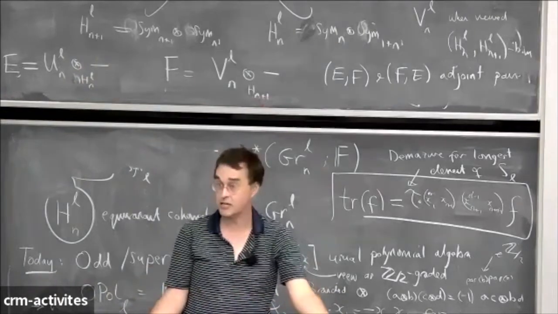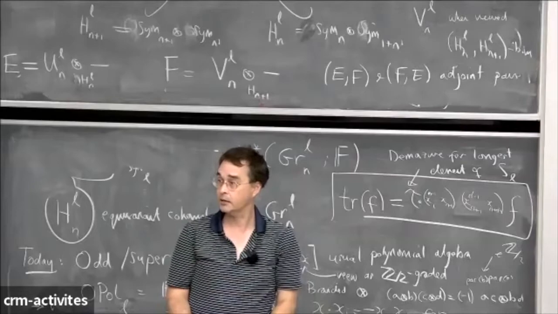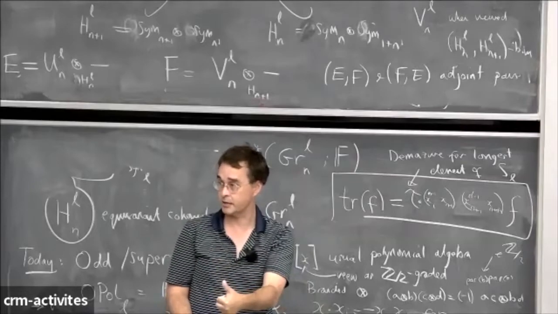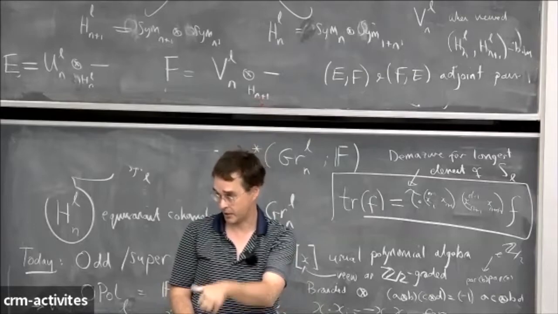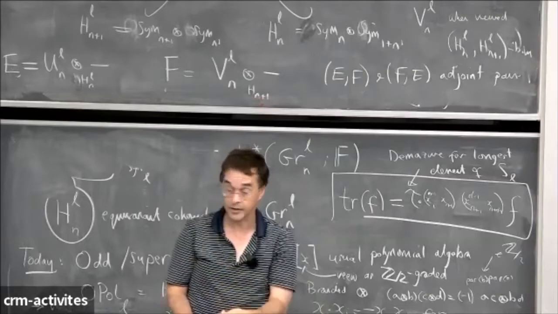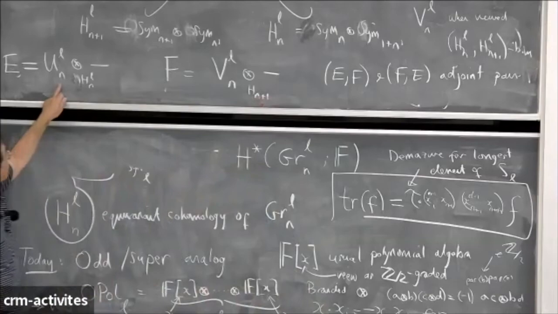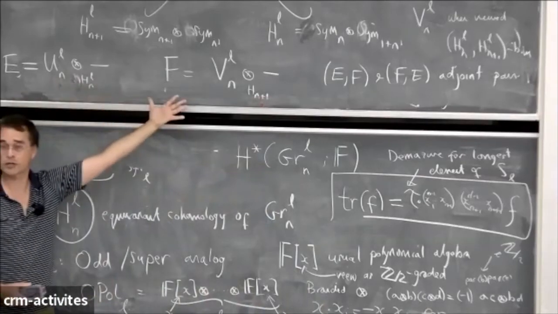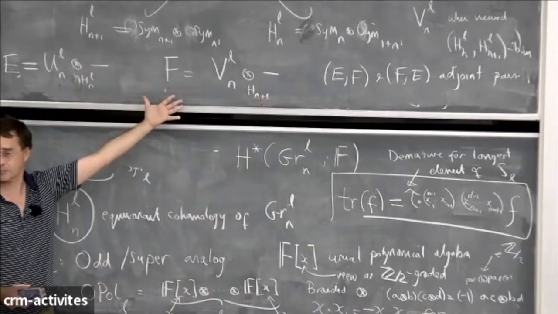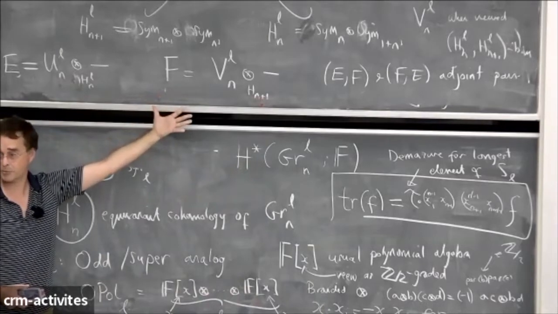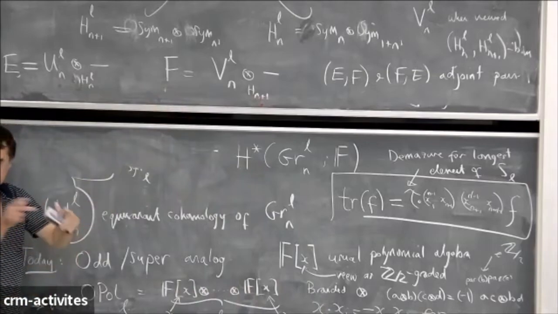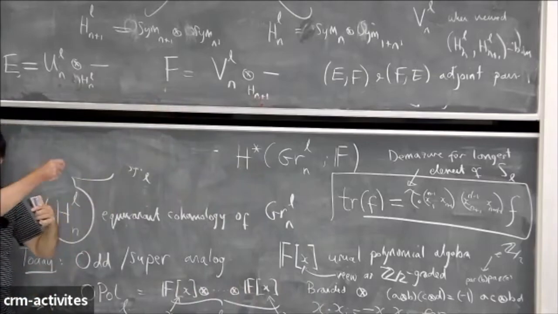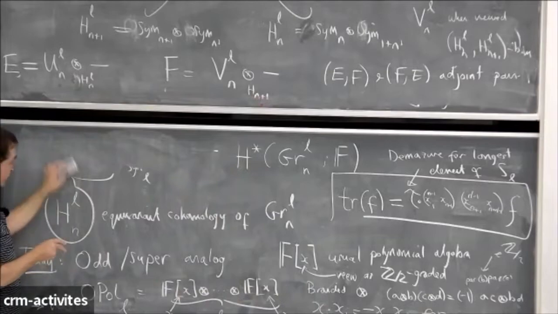So K0 of H_n^L is just Z. Everything's graded, so it's really Z[q, q inverse], where q is the grading shift in this story. And then I've got these functors E and F. Since they're biadjoint, they're biexact, they take projectives to projectives, they give me linear maps between the K0s here. And each K0 is just one dimensional, and E and F give me linear maps in each direction.